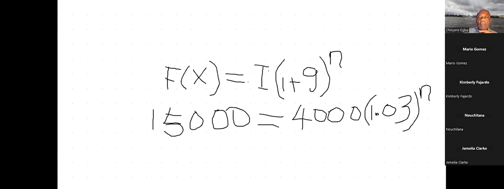So you can see 0.03 is the growth rate g, 4,000 is the initial investment I, and n is the number of years it will take to grow to 15,000.